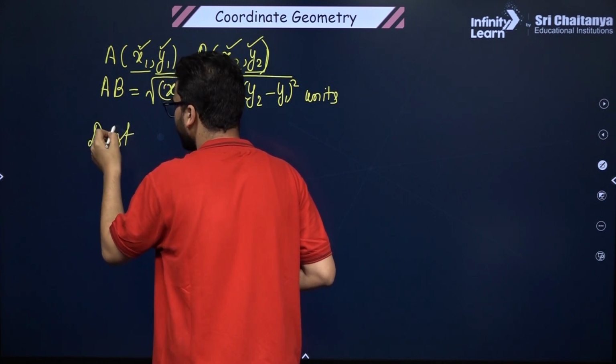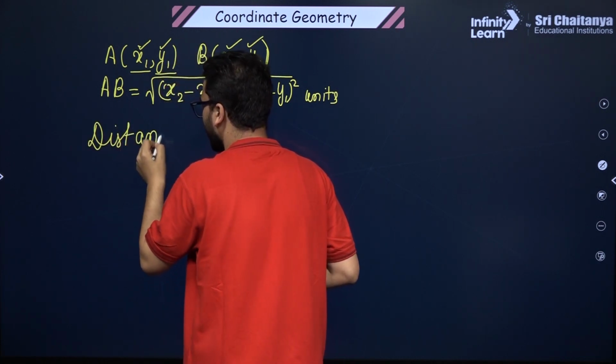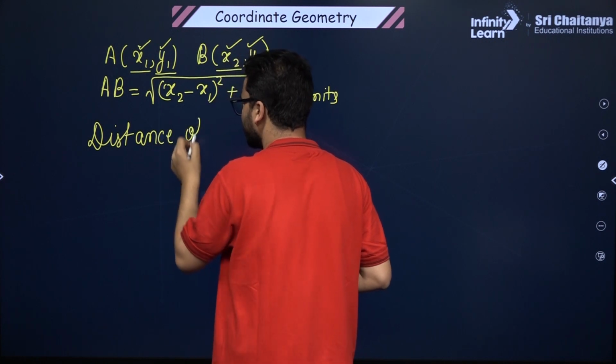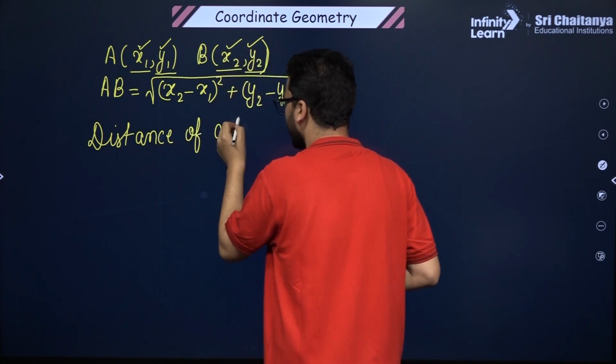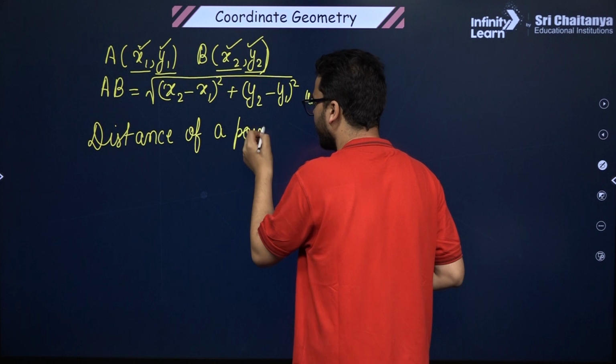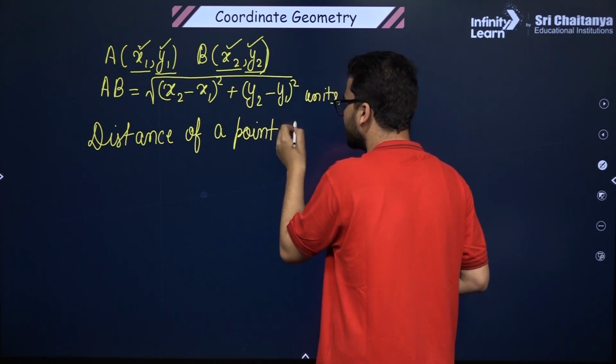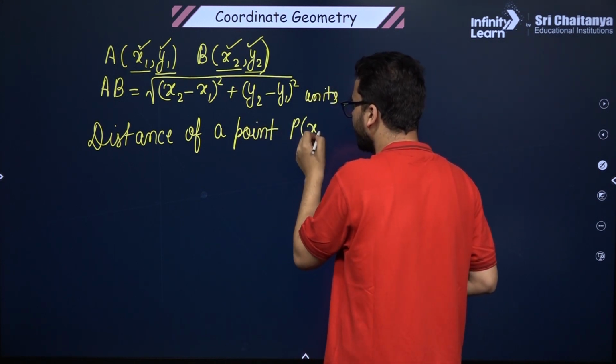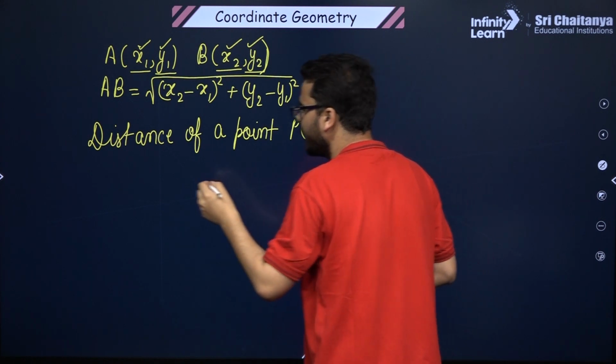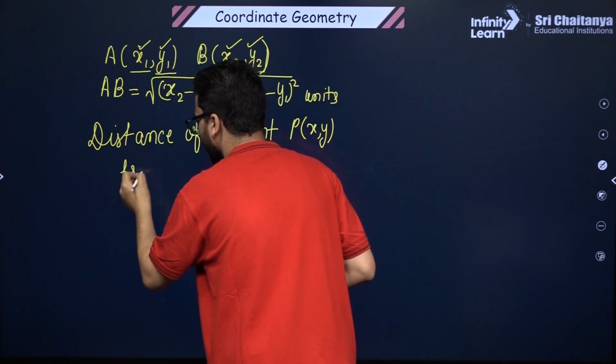Distance of a point from the origin. Suppose it is P x comma y, and you have to find it from the origin.